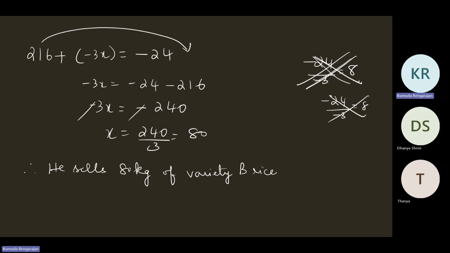That is profit or loss on variety A and the profit or loss on variety B, you should put together and say equal to the total profit or loss. If it's profit, plus; if it's loss, minus. So on this particular day, this is the total profit on variety A, this is the loss on variety B. Putting both together, the net loss is given as 24 rupees, which is minus 24.